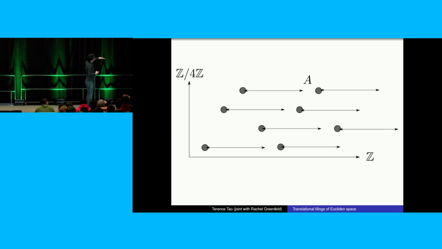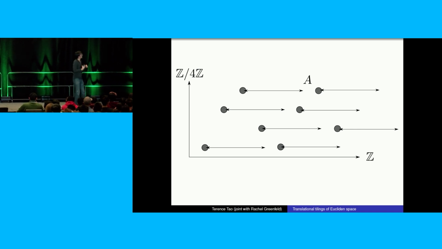And if you take the horizontal line segment of length 4, 0, 1, 2, 3, and you shift this horizontal line segment by every point of this periodic permutation, you will cover all of Z cross Z mod 4Z. And conversely, it's not hard to show that the only way you can tile Z cross Z mod 4Z by this horizontal line segment is by periodized permutations.